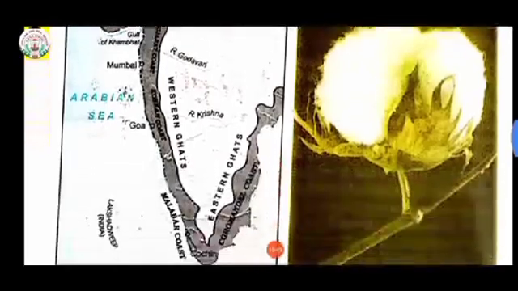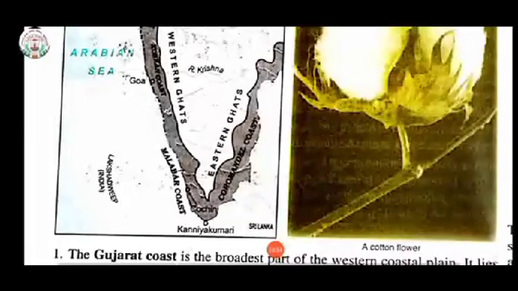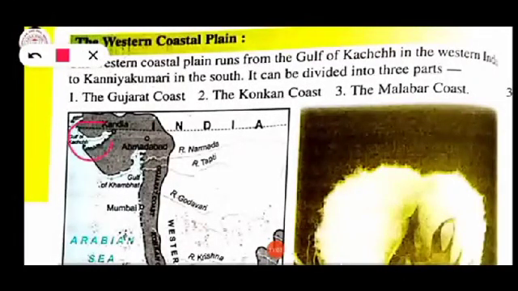You know that the capital of Gujarat is Gandhinagar, and Ahmedabad is the largest and most important city of the Gujarat Coast. It lies between the Gulf of Kutch and the Gulf of Khambat.